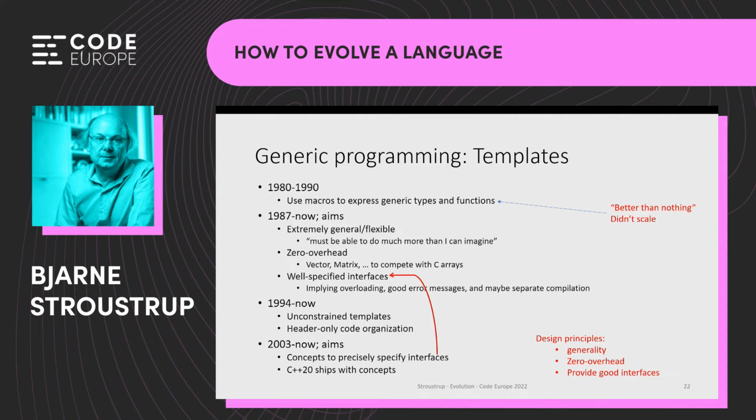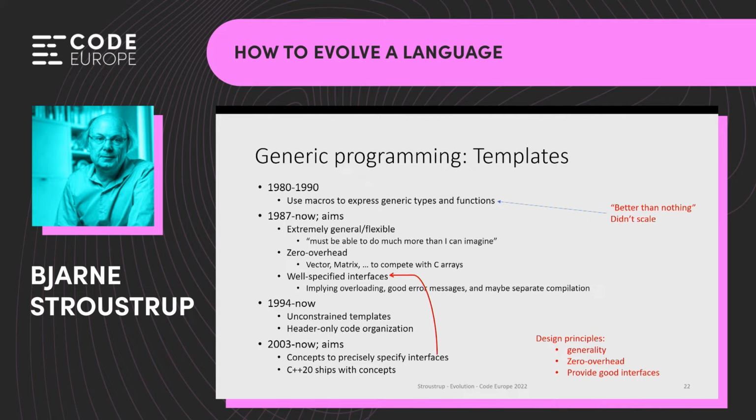I wanted to build matrices and vectors that were at least as fast as C arrays. When I say at least, if we get to a higher level, we can eliminate temporaries and things like that. We can beat the C arrays. If we can compute things at compile time, we can beat C pointers and arrays. And we're doing it now.